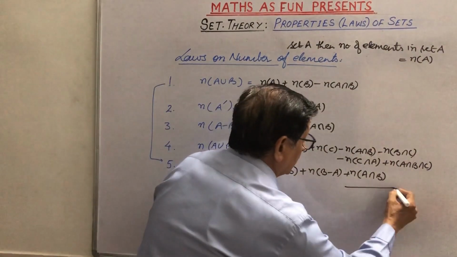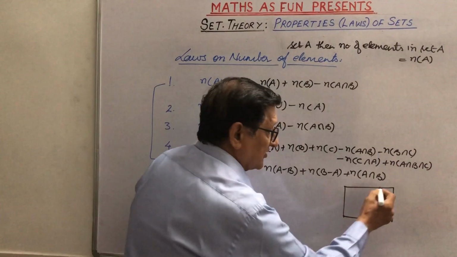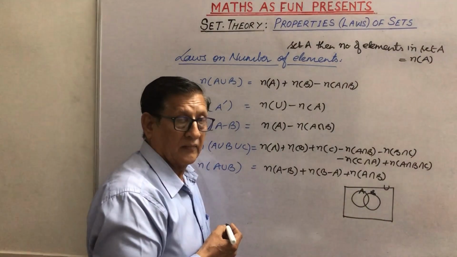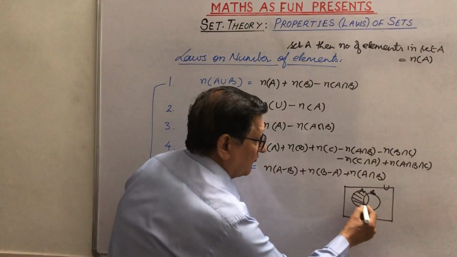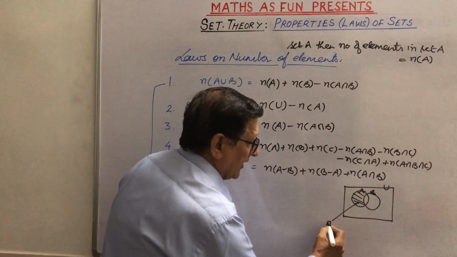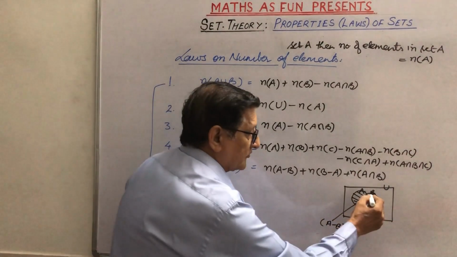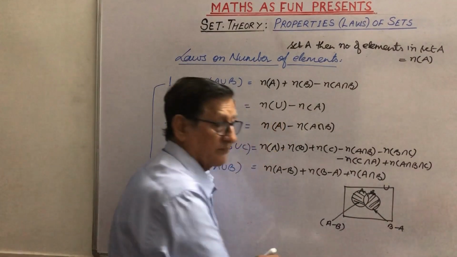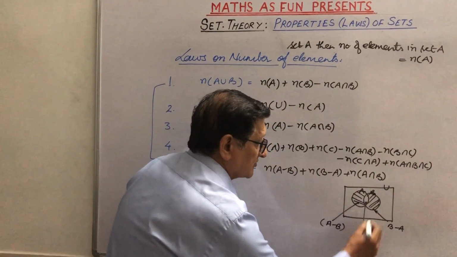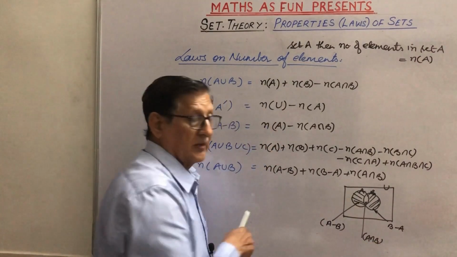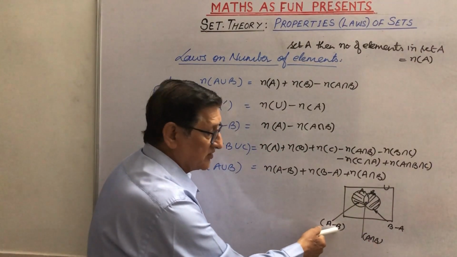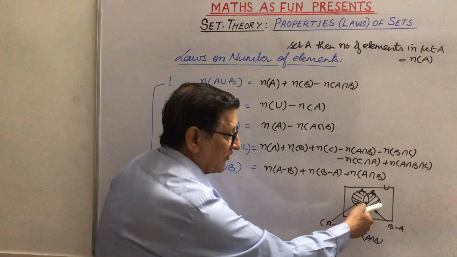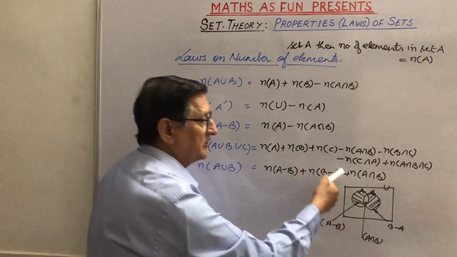Because we know in the Venn diagram, if this is U, this is A and this is B. We know that this particular one represents A minus B. This represents B minus A. And this one represents A intersection B. If we add the number of elements in A minus B and B minus A and also in A intersection B, will we find all the elements or number of elements in A union B or not?